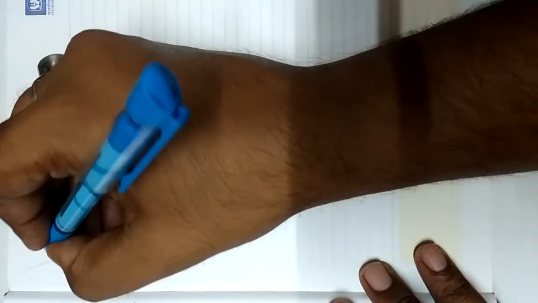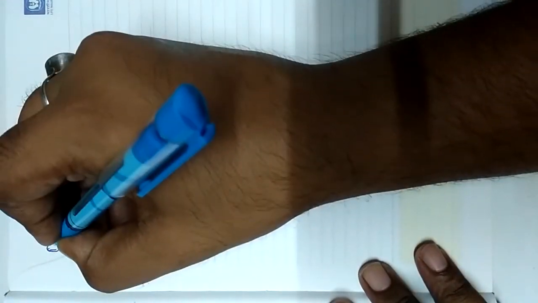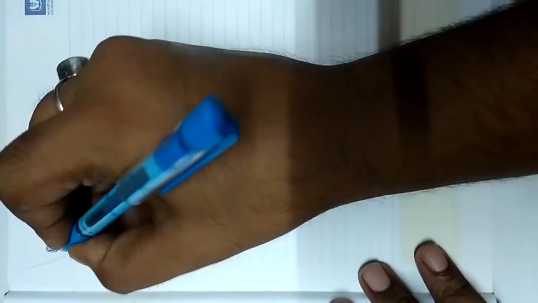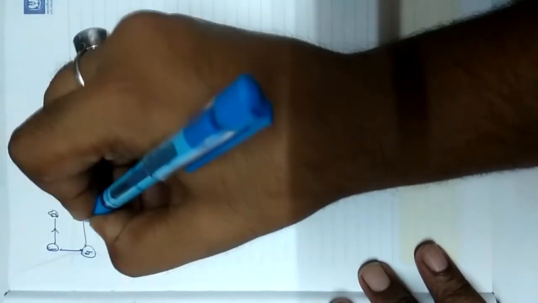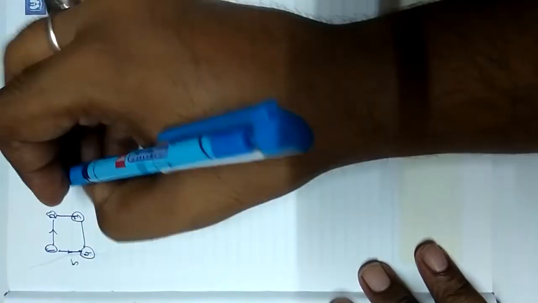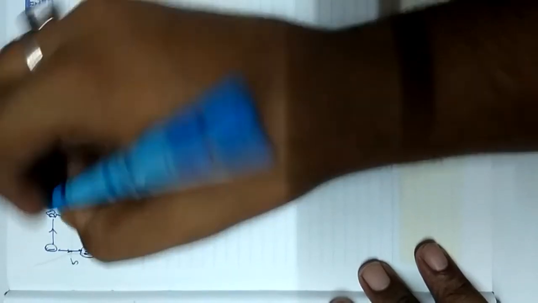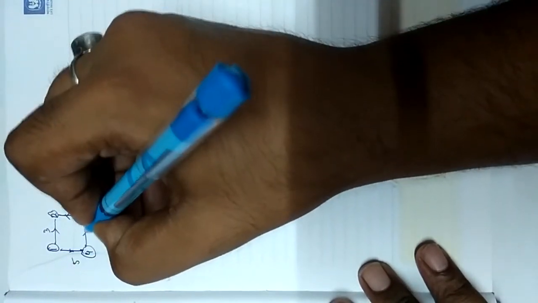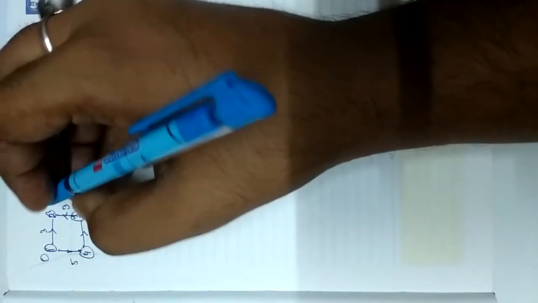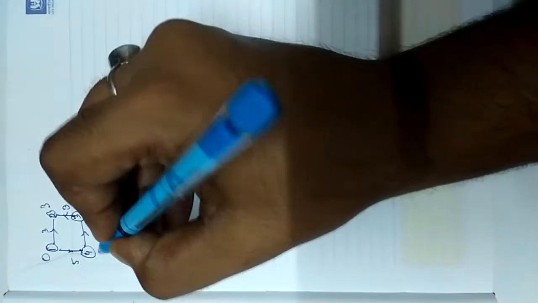So let us say now we have nodes 1, 2, 3, and 4. Okay. This one is 5. This is -3, this is 3, and this is 2. Okay, so starting from 0, this is 3, this is 5.